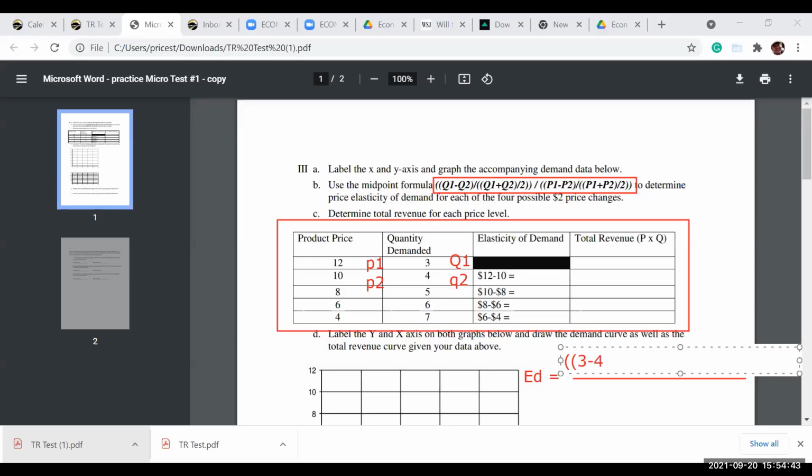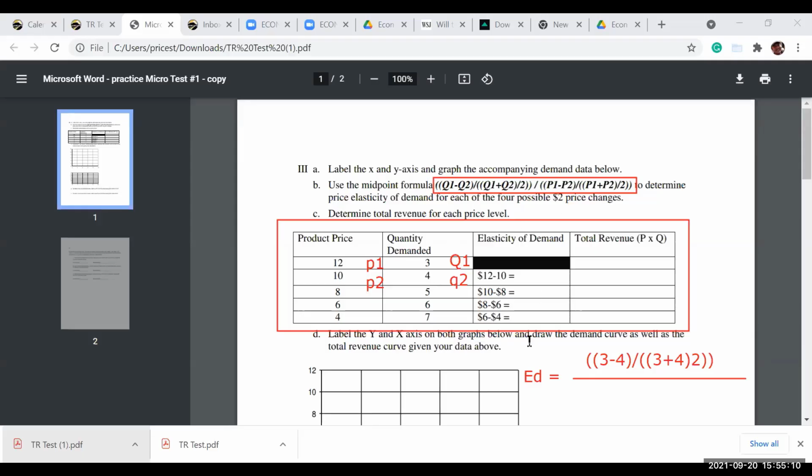So 3 minus 4, divided by (3 plus 4, divided by 2). Notice what I've done. I've just populated this top part of the formula with this data.